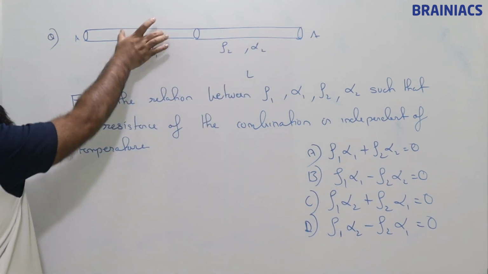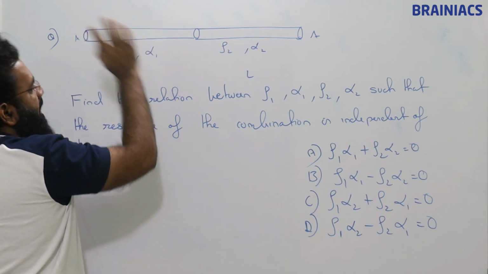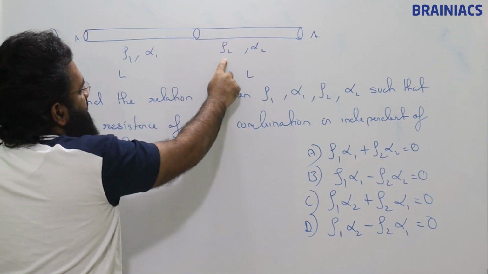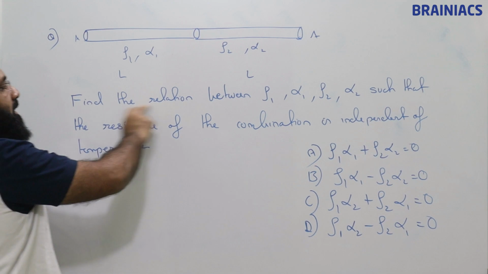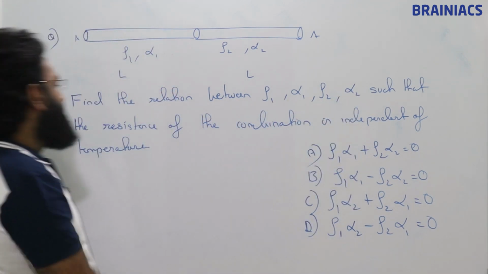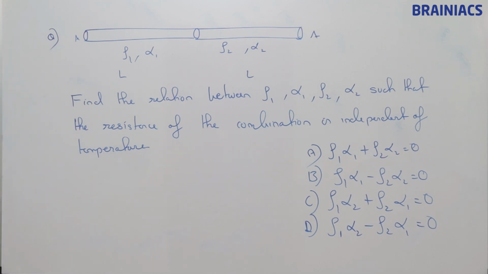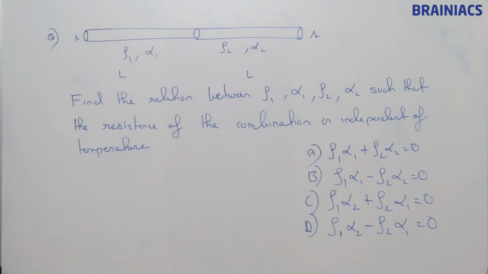But this metal's resistivity and temperature coefficient are ρ1 and α1, and the other's resistivity is ρ2 and temperature coefficient is α2. Find the relation between ρ1, α1, ρ2, α2 such that the resistance of the combination is independent of the temperature. The relations are also given. Very good question.